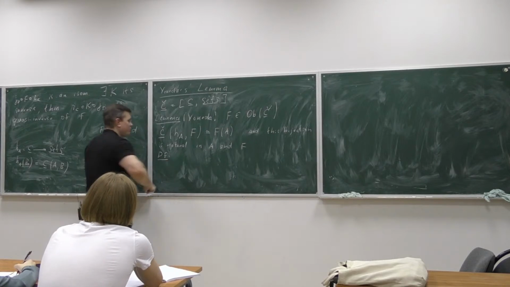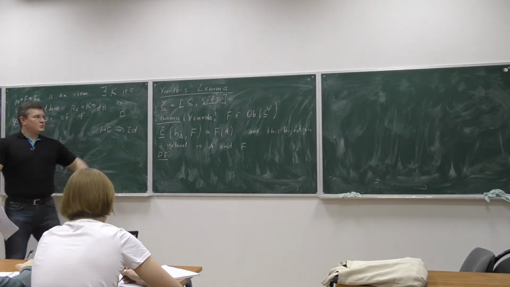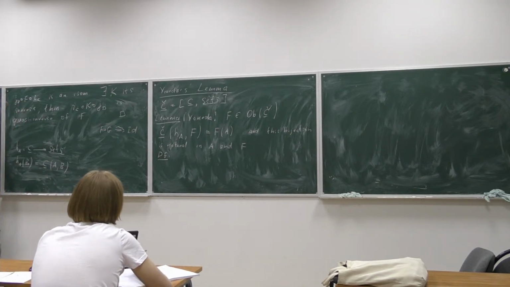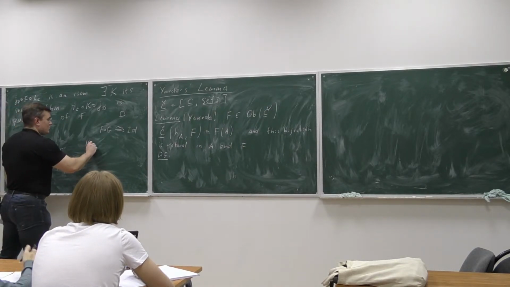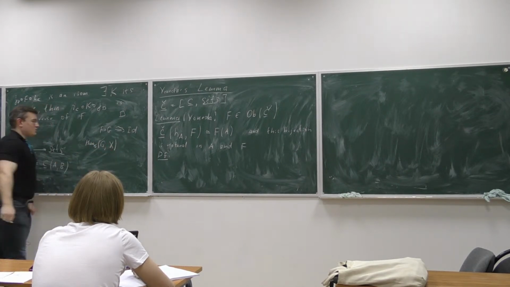Well, maybe before we do the proof, do you recognize this statement? You already probably know special cases of this statement. What about the case of one object? You're probably more familiar with the groups than monoids. So if I ask you to compute hom G, G, X, so what's this?